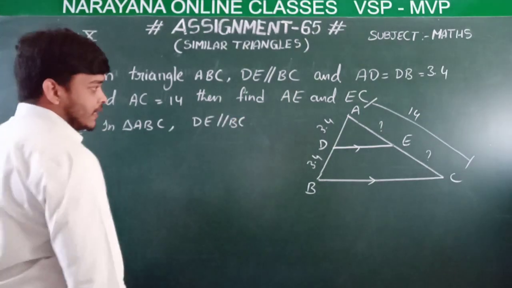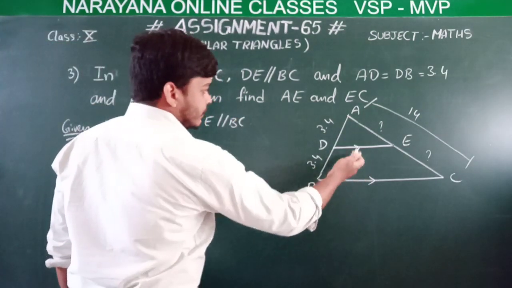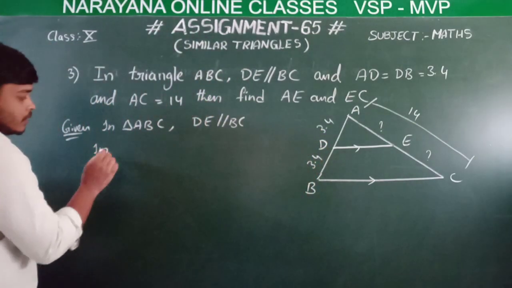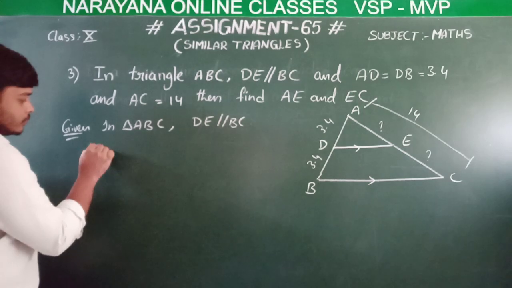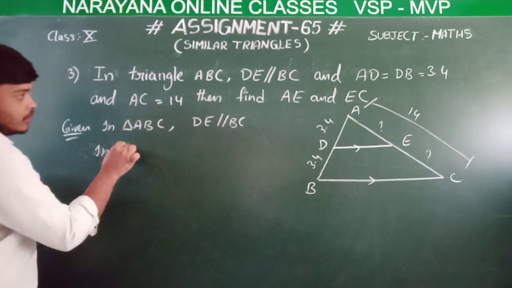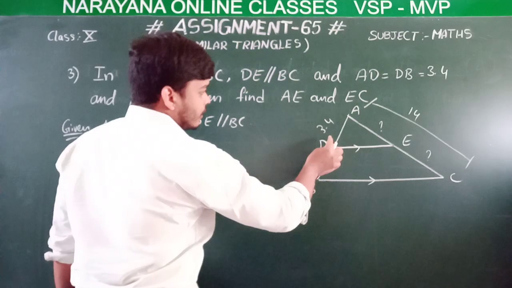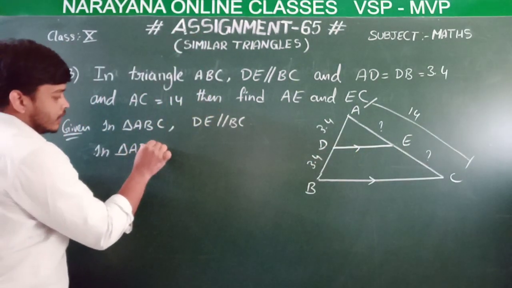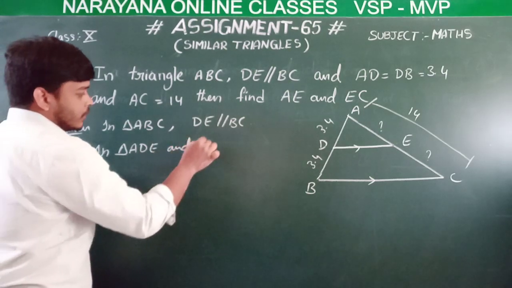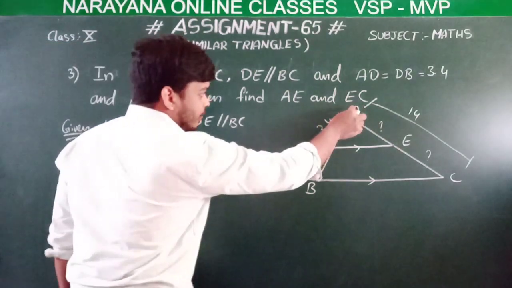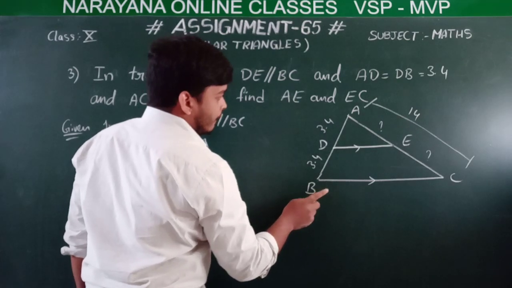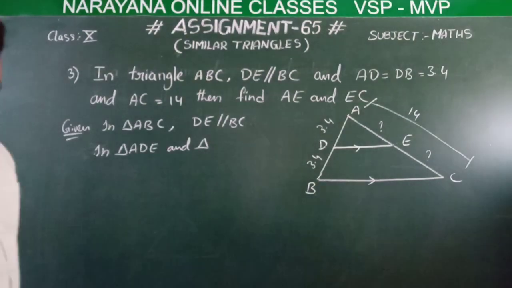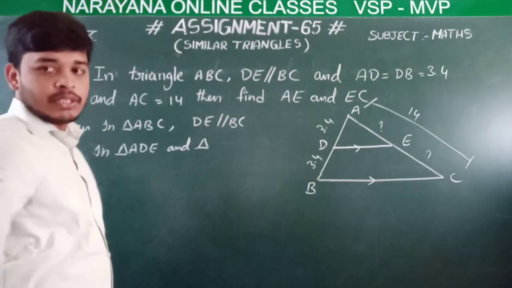If DE is parallel to BC, in triangles, first I am taking triangle ADE and the whole triangle ABC.